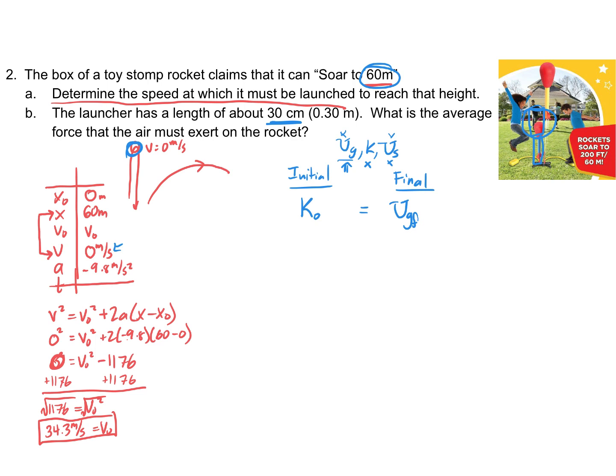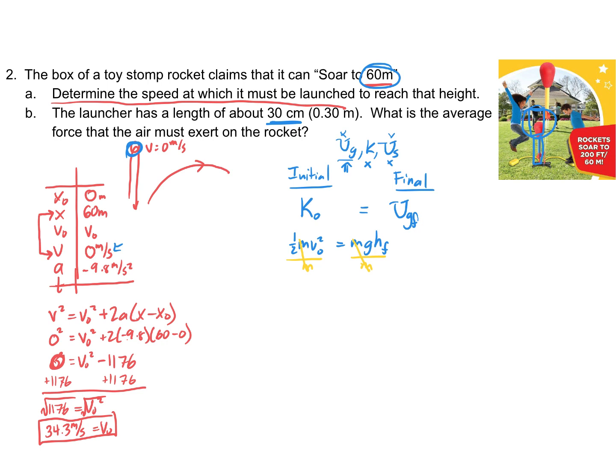So in this one, we're going to go one half m v squared initial must equal m g h final. Hopefully you recognize this is similar to the last one. I don't have any mass, but that's okay. I don't need the mass because I can divide both sides by the mass, and the mass is going to cancel out.